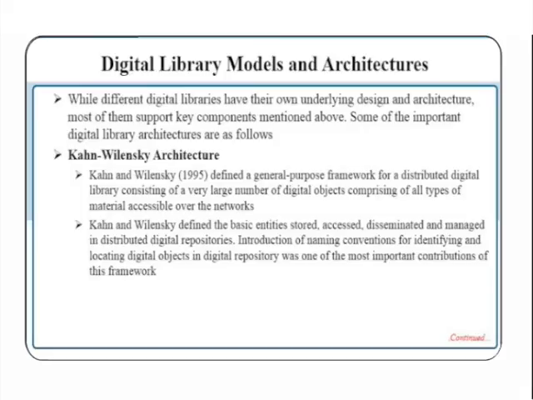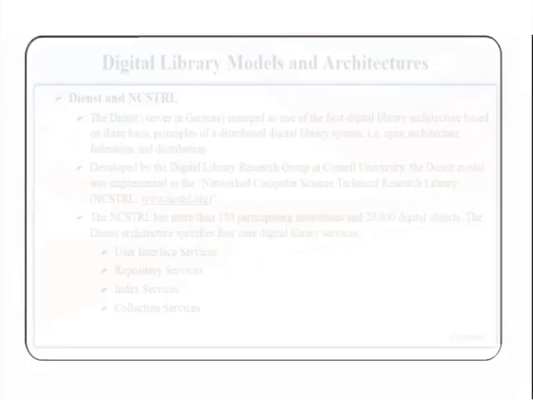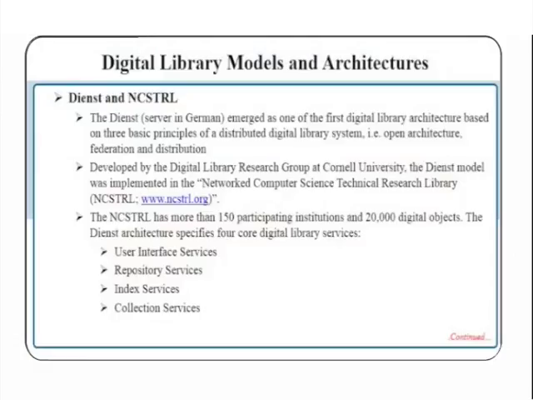Kahn and Wilensky defined that the basic entity is stored, accessed, disseminated and managed in distributed digital repositories. Introduction of a naming convention for identifying and locating digital objects in a digital repository was one of the most important contributions of this framework. The DANS and NCSTRL architecture.